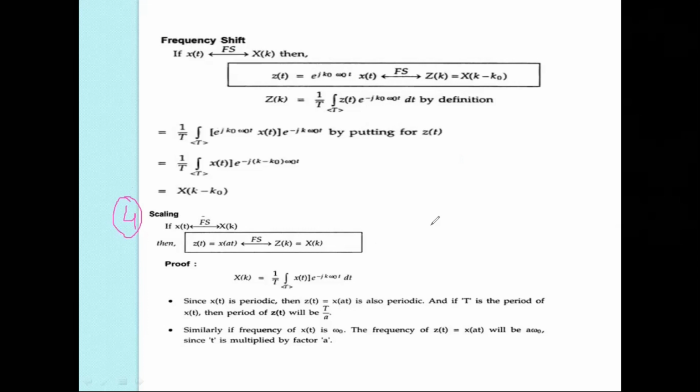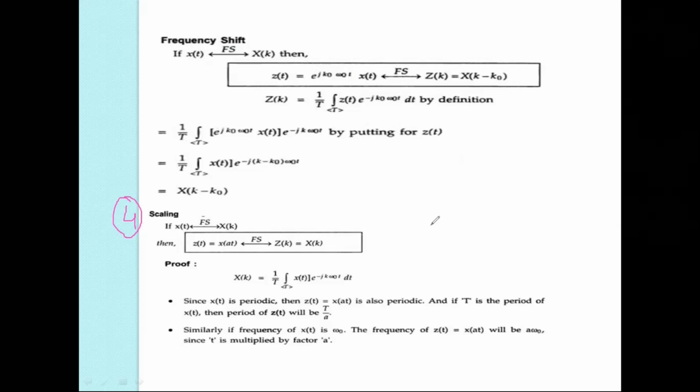We have already seen the basic operations on signals, the time scaling. The time is scaled with a. If a is greater than 1, or a is less than 1: when a is greater than 1, compression occurs. When a is less than 1, expansion occurs in the time scale.